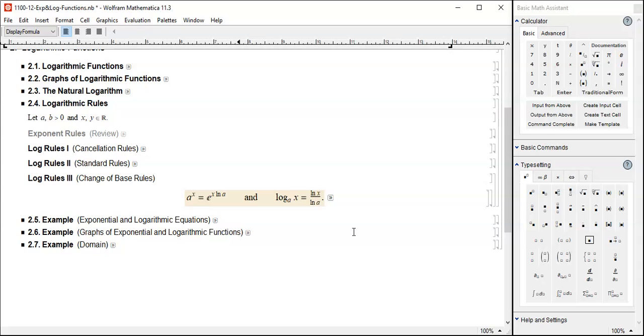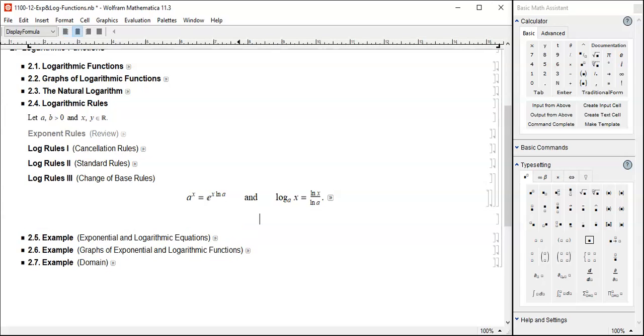Finally, the change of base rule. This one is not as important as the second rule, but it serves some practical purpose. For example, what if you want to calculate log base 3 of 17? Pick up your calculator, and if you're using a TI calculator, I don't think you can do it directly.